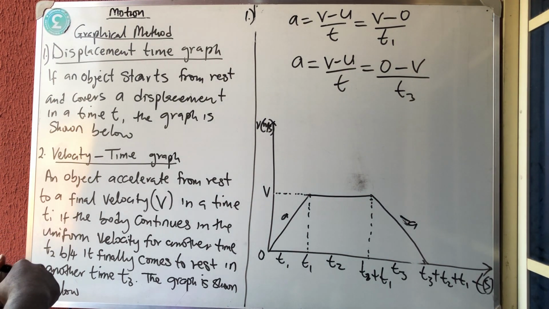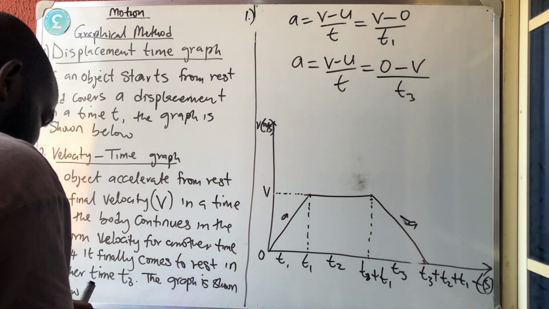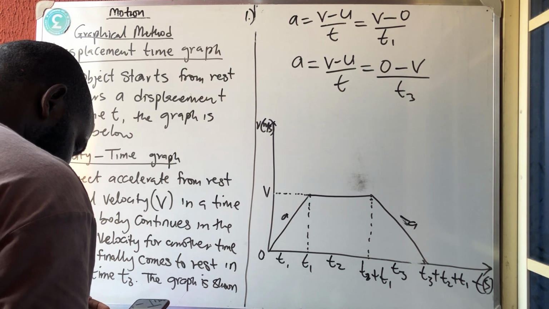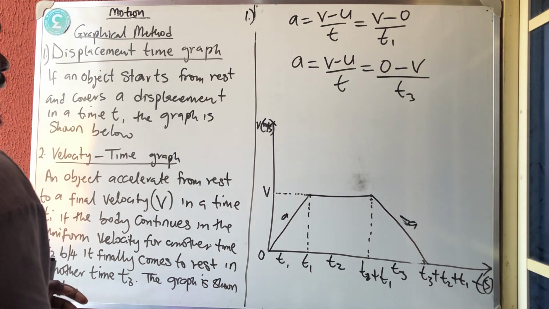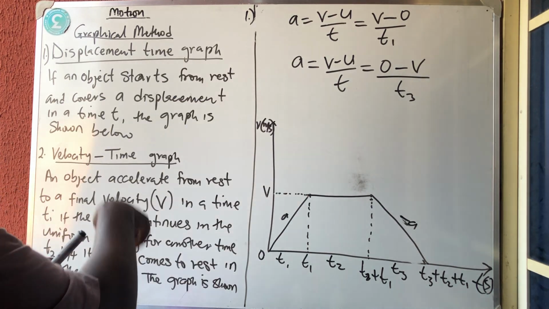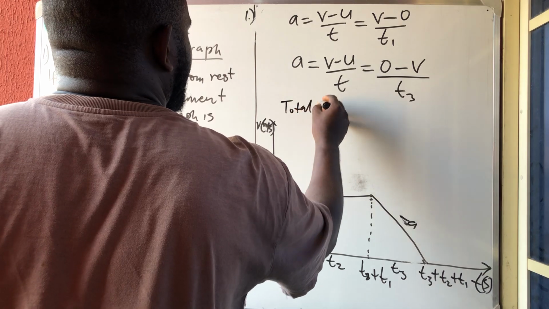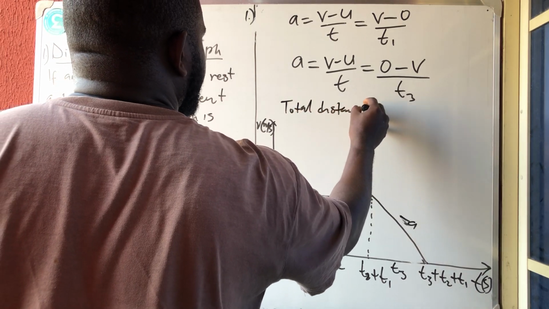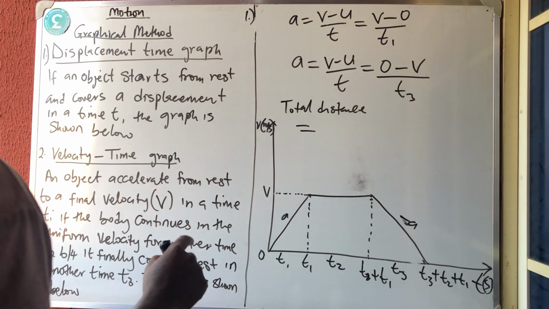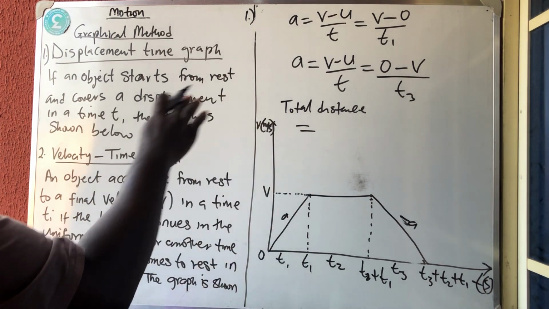Okay, so the next thing they can ask you to find is the total distance covered. The total distance covered is the area of all the shapes you are seeing there.